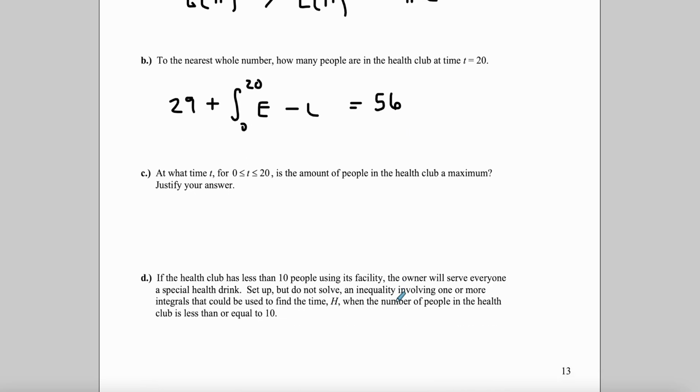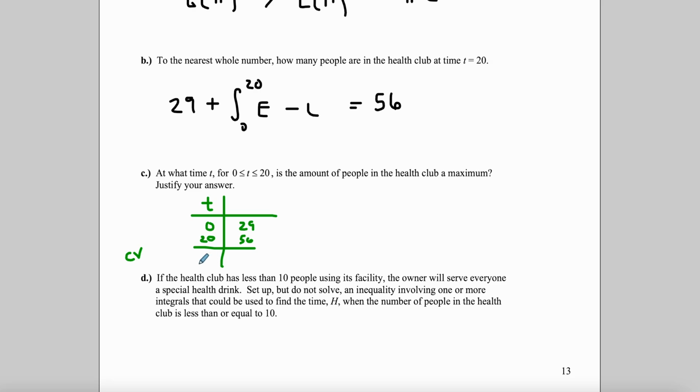Then it wants me to analyze where we have an absolute max. That's going to occur in one of three spots. The first would be at the start, which I think was 29. The second would be at the end, which we just found to be 56. And the third would be at what we call in calculus critical values.